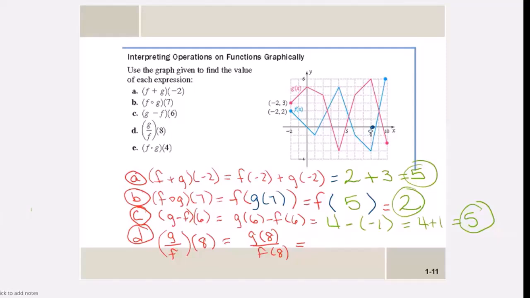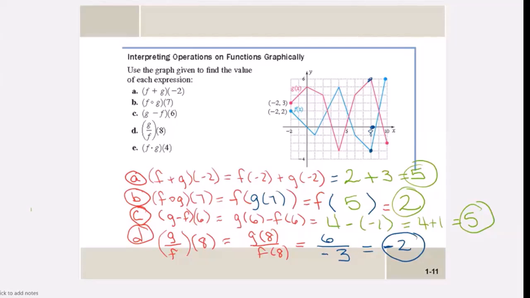And so g of 8, pink, is 6, divided by f of 8, blue, right here. So I was here, and now I'm here. And I go 1, 2, 3, that's negative 3. 6 divided by negative 3 is negative 2. There's my D.